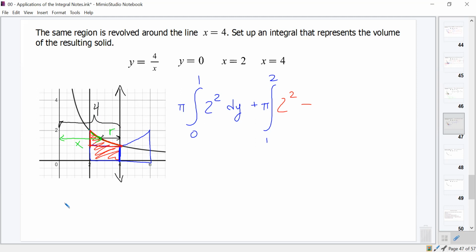So our inner radius for the upper piece is just 4 minus x, which we know is 4 minus 4 over y. So we've got pi times the integral from 1 to 2 of 2 squared minus (4 minus 4 over y) squared dy.